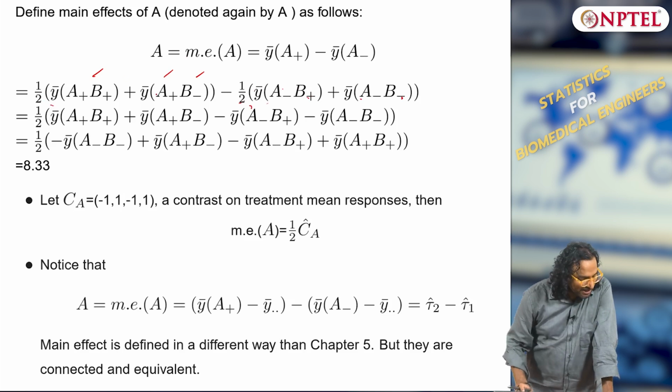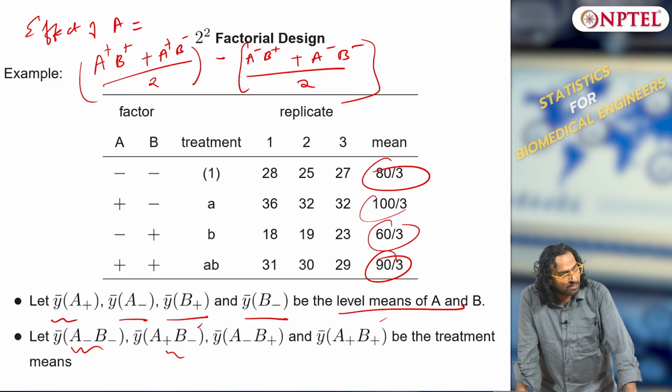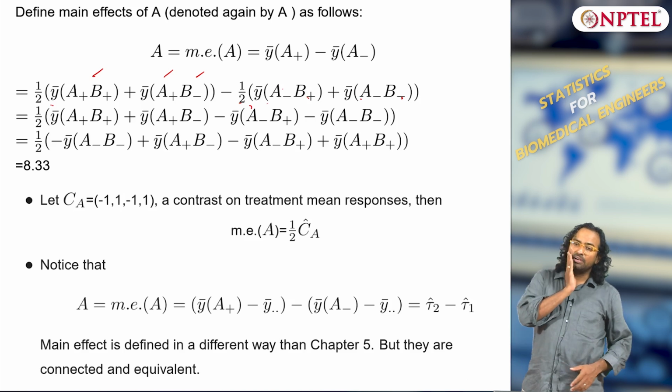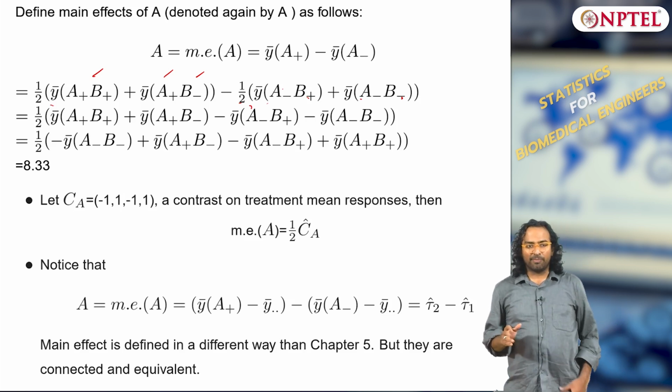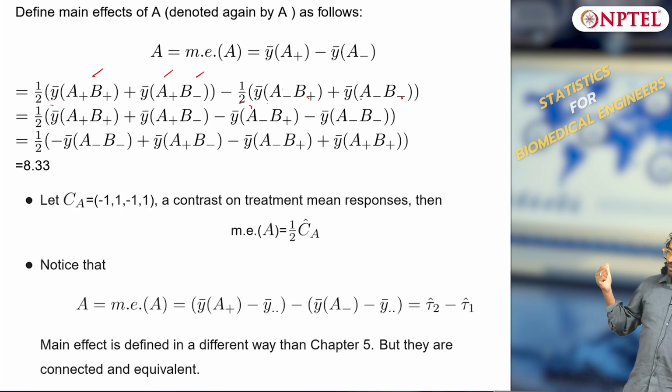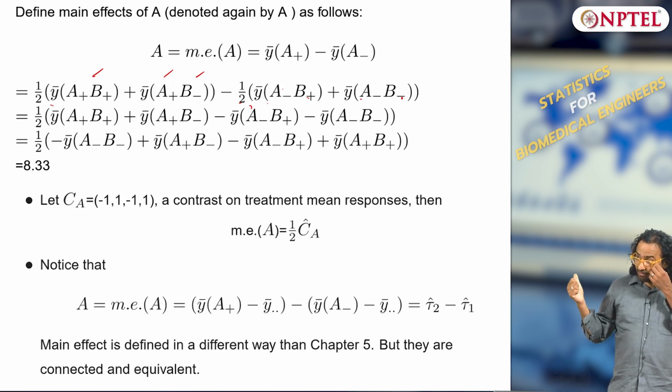Does it make sense? This is the same as this formula, except that now you have replaced it with y bar values, meaning the mean of the treatment values, because you have more replications. Does it make sense, everybody?